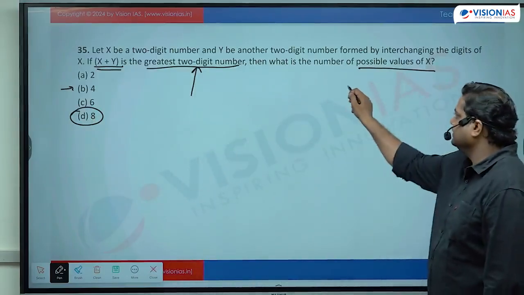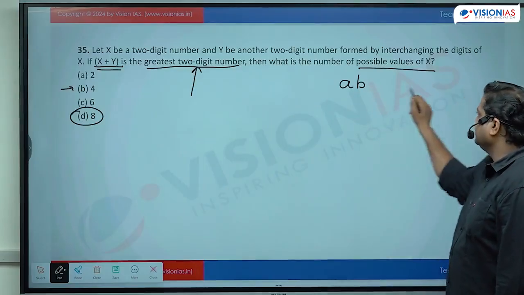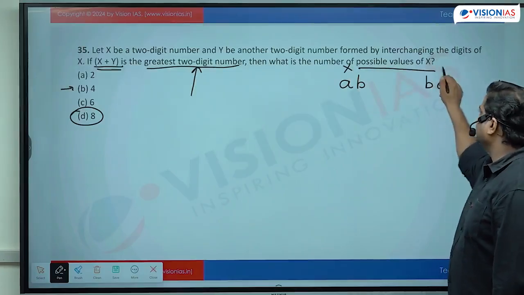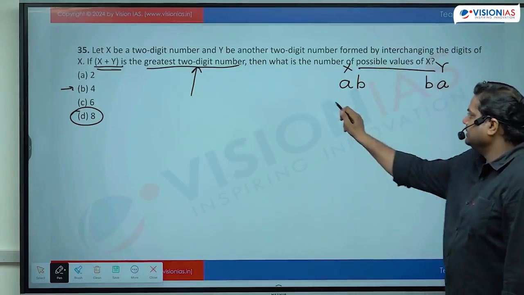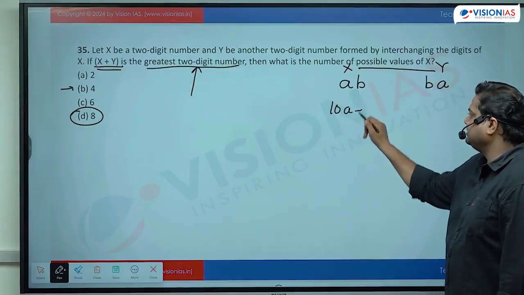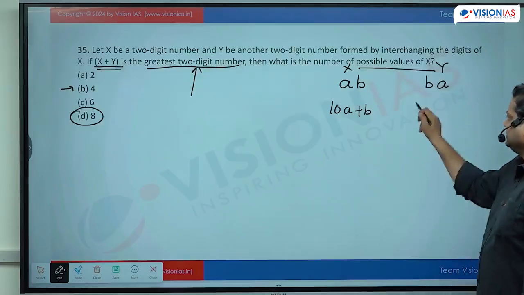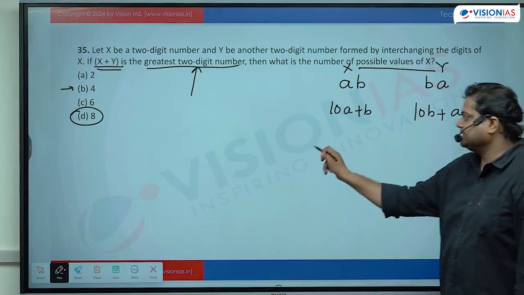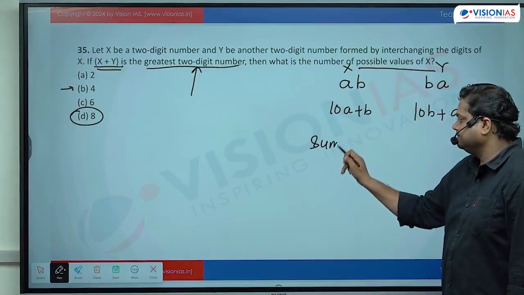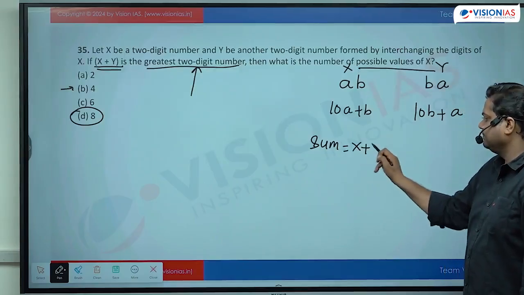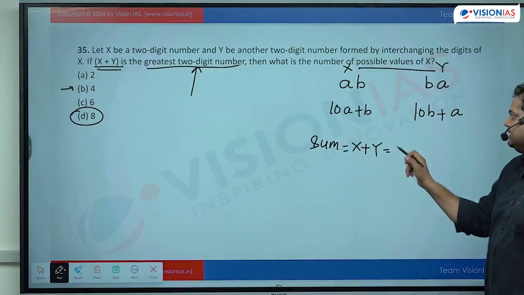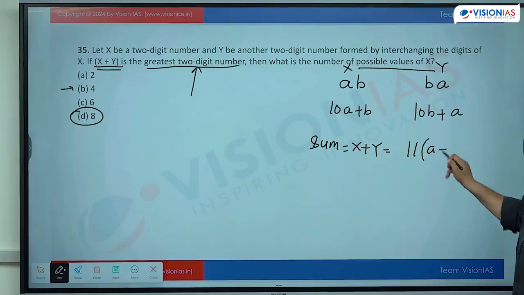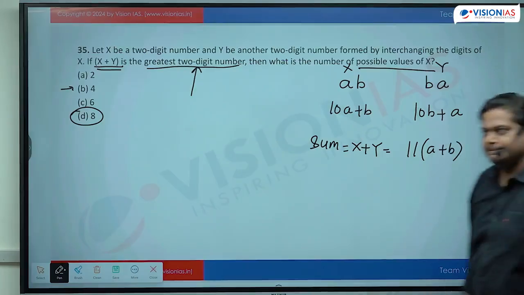So we can take 2-digit number. We can reverse the digits. This is x key value. This is y key value. This is 10 A plus B. This is 10 B plus A. If we take the sum of these two numbers, what we are getting? 10 A plus A, 11 A plus 11 B, this we are getting sum.